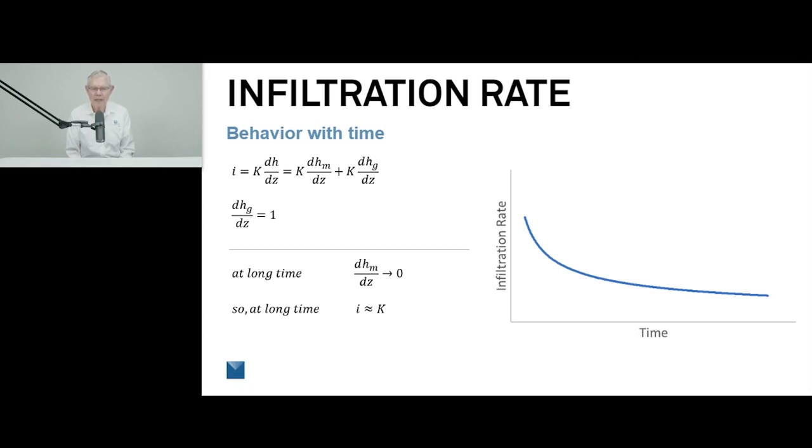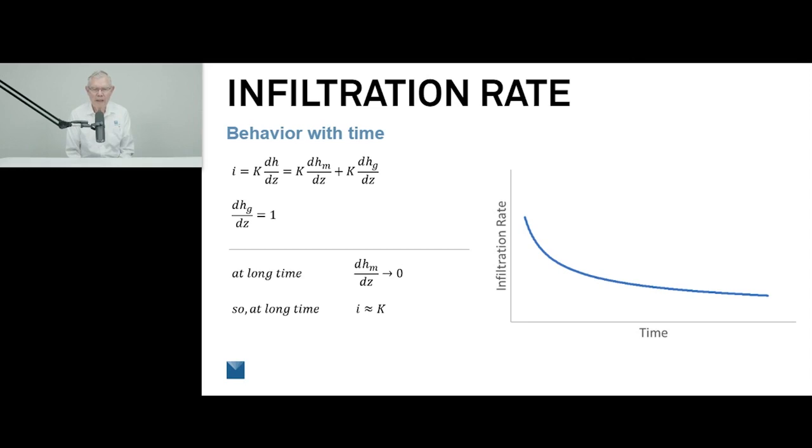Now we can separate H into 2 parts, the matrix and the gravitational part, H with the subscripts M and G. Now we said that the gravitational potential gradient is a constant. We measure the potential in meters of water. The gravitational potential gradient is just 1.